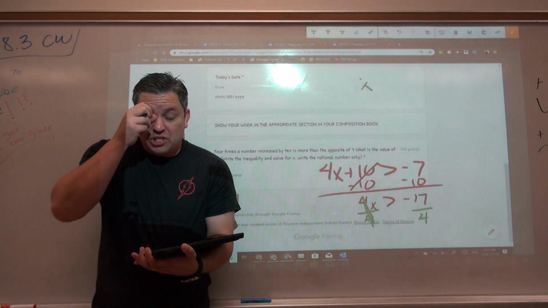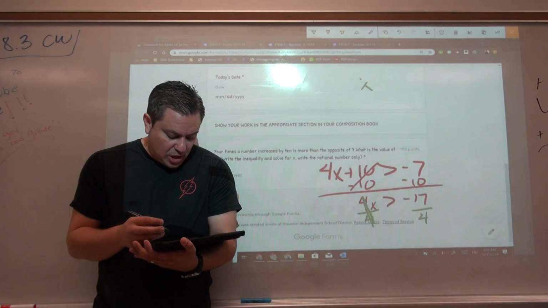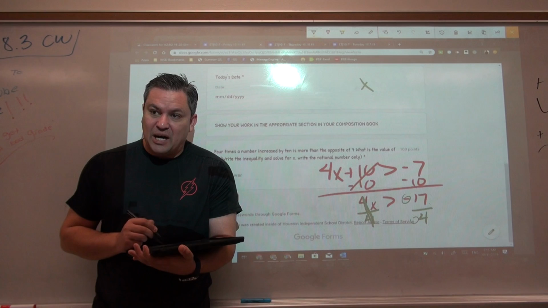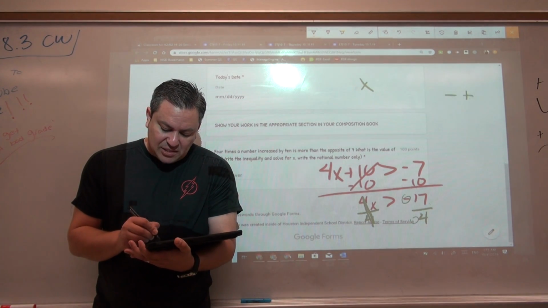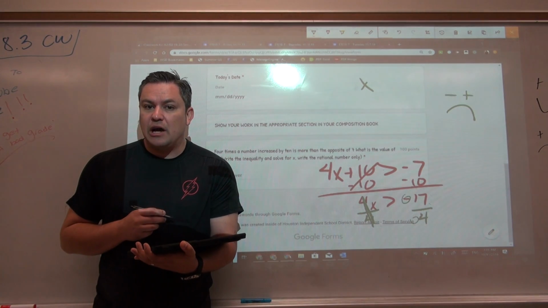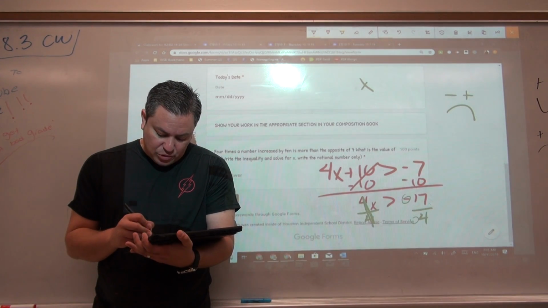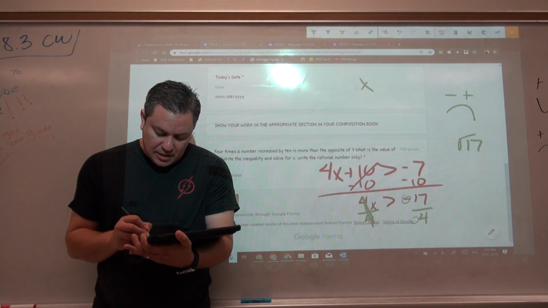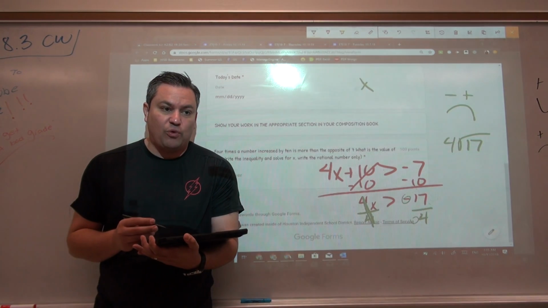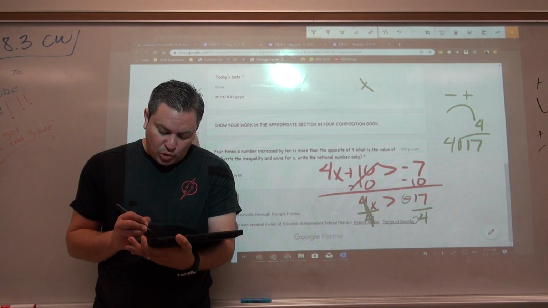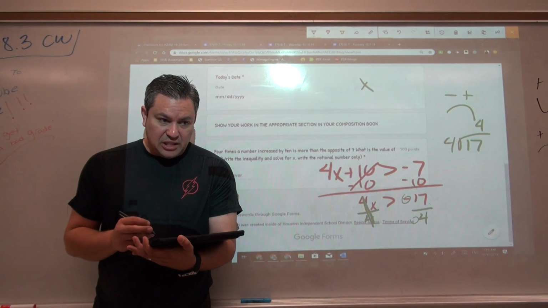Then you have to do top and bottom. Your answer has to be negative because one of them is negative and the other one is positive. Negative and positive makes a negative. Everybody remember that? Okay. So all we have to do is divide 17 inside, 4 outside. How many times does 4 go into 17? 4 times. 4 times 4 is 16.